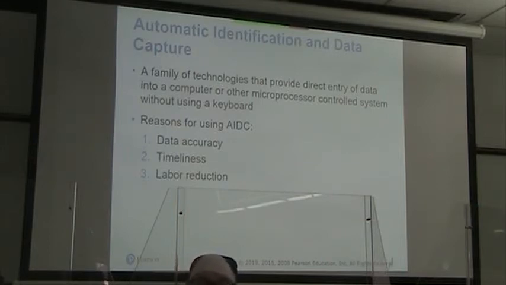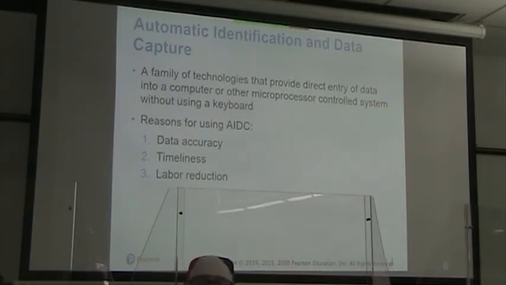But first, we'll discuss what is automatic identification and data capture. Well, it's any of a family of technologies that give direct entry of data into a computer or other microprocessor control system without using a keyboard.